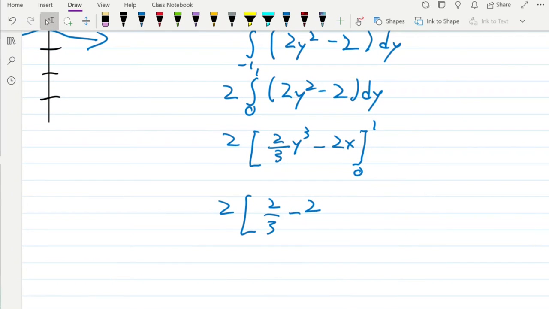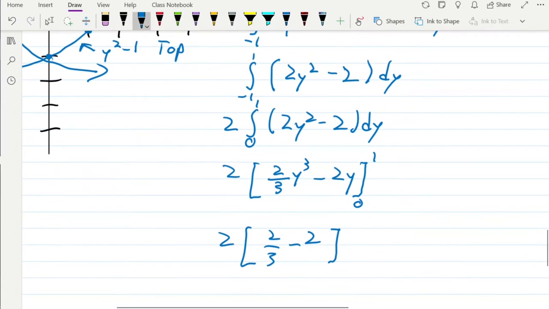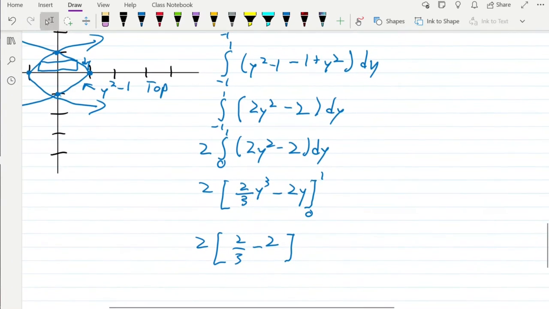Oh, this is supposed to be a y. The rest of that should be 0, and I think I did something wrong as I'm now getting a negative.